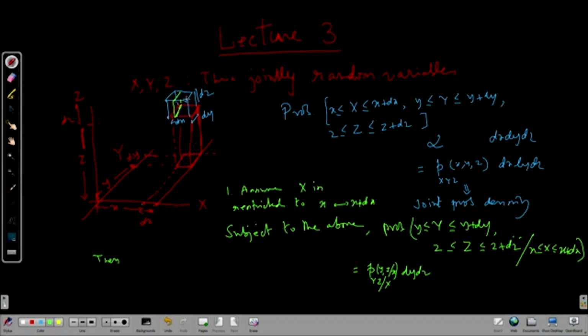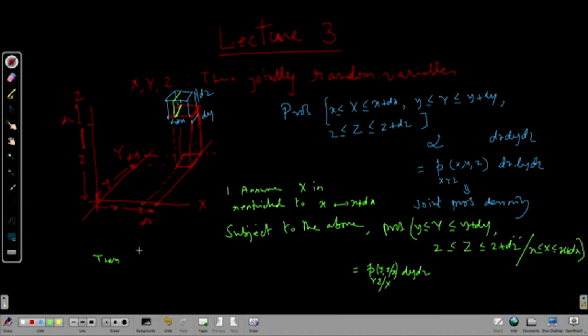So, the entire box will be covered. First, I fix capital X within this. Subject to that, I find the probability of capital Y and Z lying in any of these square planes, which will be proportional to this. Now, the chance of capital X actually occurring from here to here, I have to multiply that probability with this, and then that will be the overall chance of capital X, Y, Z lying within the box.